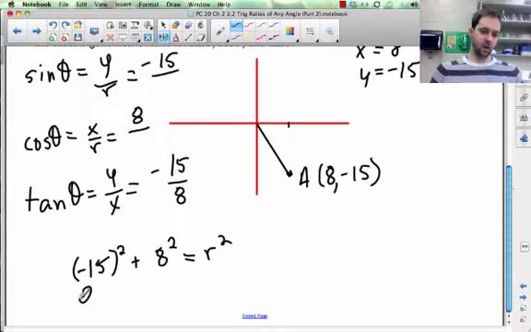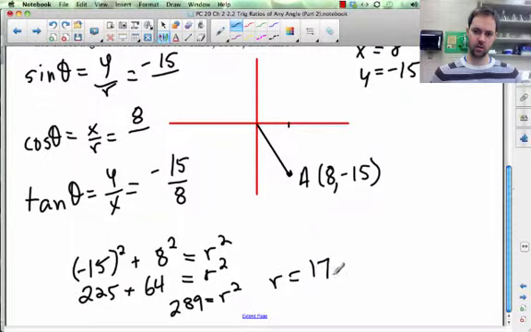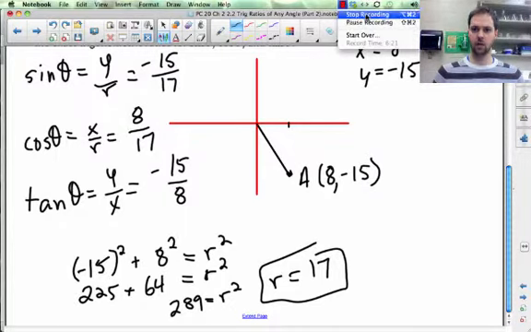Negative 15 squared is 225, 8 squared is 64, and 225 plus 64 is 289. 289 equals r squared. You take the square root of 289 and end up with r equals 17, and you just fill those in, and you're done.